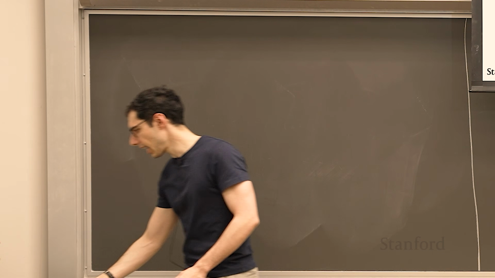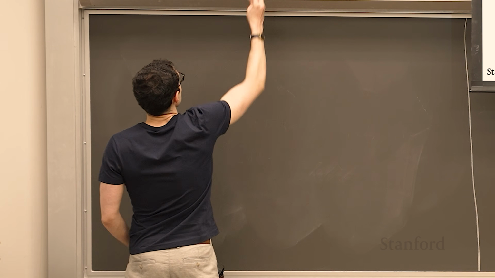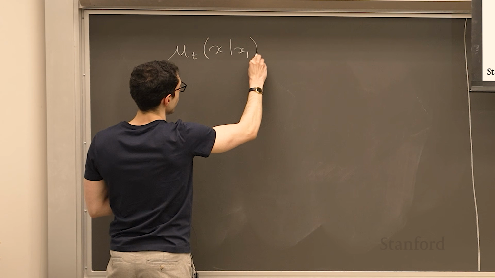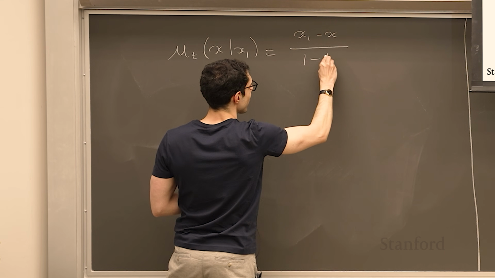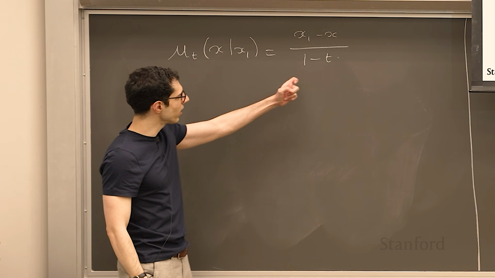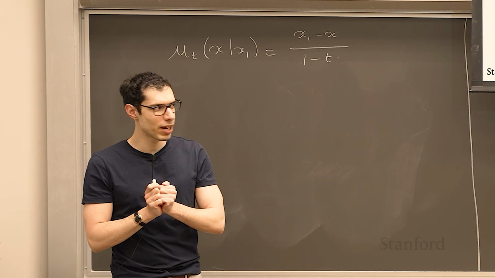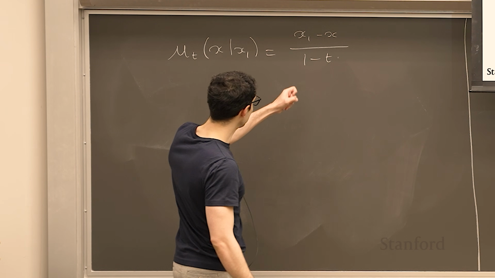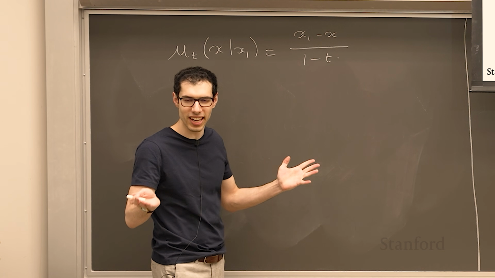So we said that the conditional vector field, which is noted ut of x given x1, was equal to x1 minus x over 1 minus t. Well, when t is approaching 1, and when your x is not near x1, then this quantity goes crazy, goes very close to infinity, it goes very, very high.